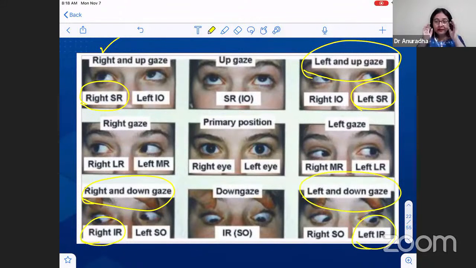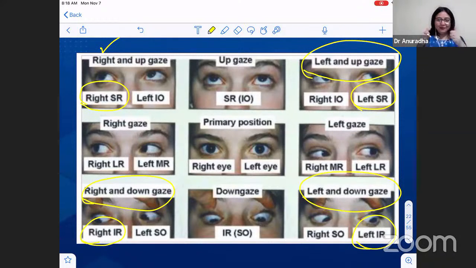If they ask you a particular movement, if it is right up, then right superior rectus will be active, and you can find the yoke muscle of the left. If it is left up, left superior rectus, you can find the yoke muscle of the right eye. If it is right down, right inferior rectus, the same side rectus, and you can find the yoke muscle.